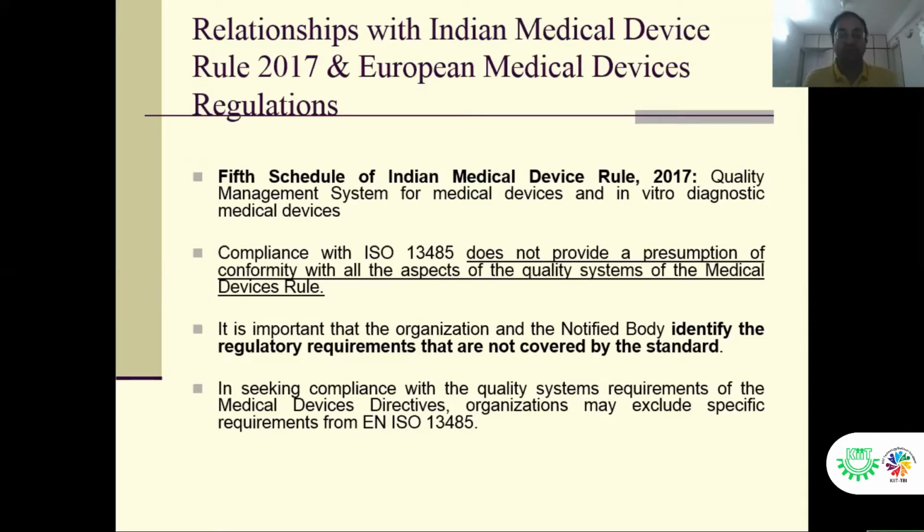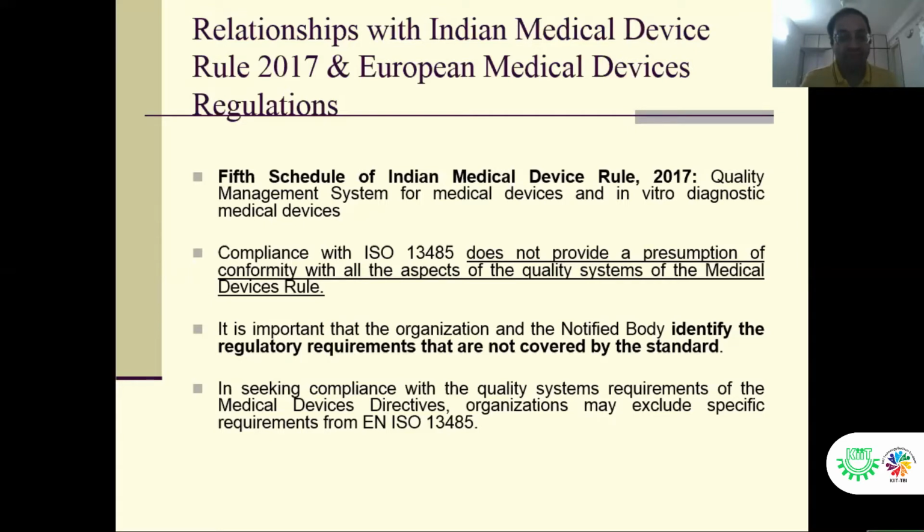So if any medical device startup would like to apply for a manufacturing license, whether it comes under a notified category or a non-notified category, meaning regulated or non-regulated, the implementation and certification of the system as per the requirement of 13485 becomes mandatory.